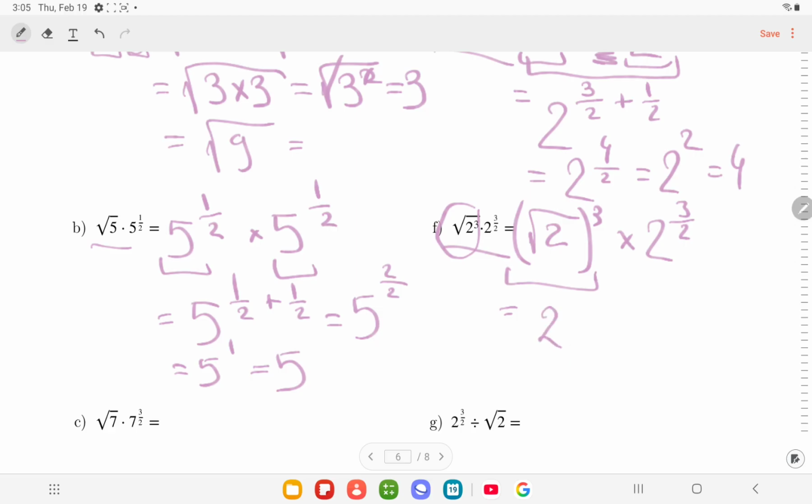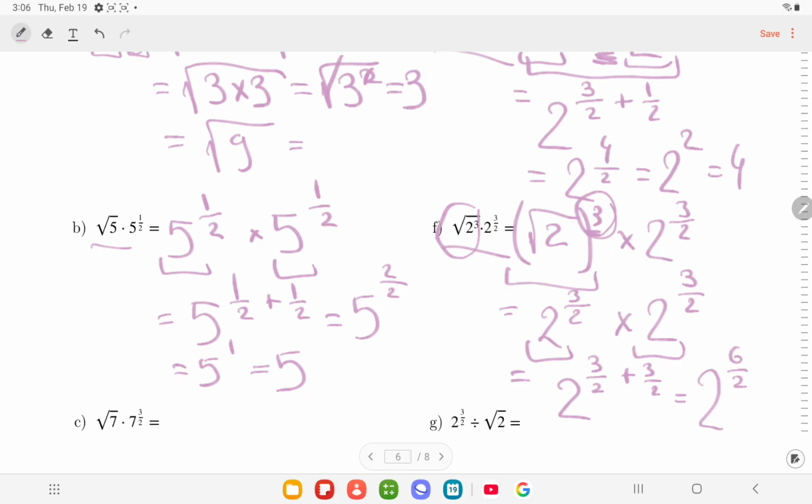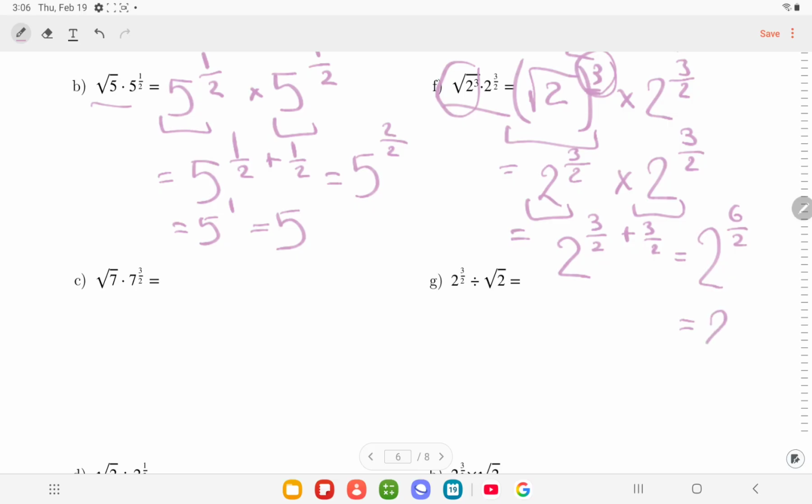Well, we have the base of 2, and we know that it's a square root, so our denominator in the exponent is a 2, and we are putting the entire thing to an exponent of 3, so that is our numerator, times 2 to the 3 over 2. And since these are the same bases, we can add our exponents to get 2 to the 6 over 2, which is the same as 2 to the power of 3, which is 8.